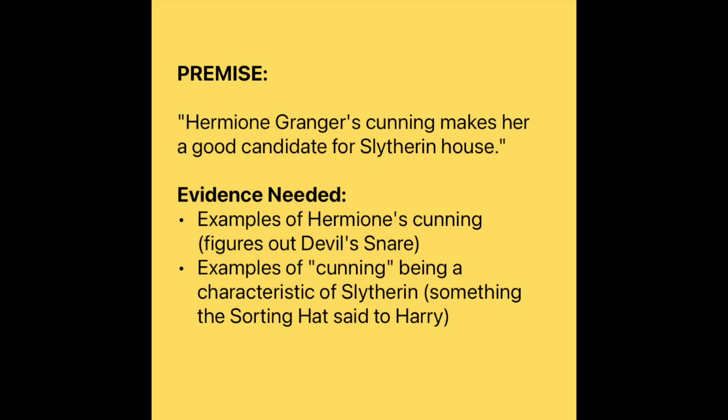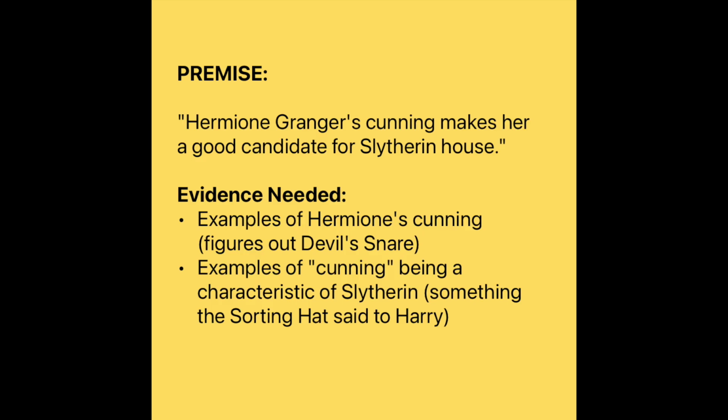So we have parts to our Hermione and Slytherin premise. So if our premise is Hermione Granger's cunning makes her a good candidate for Slytherin House, our evidence needs to provide examples of her cunning. And it also needs to provide examples of that quality being required by Slytherin.